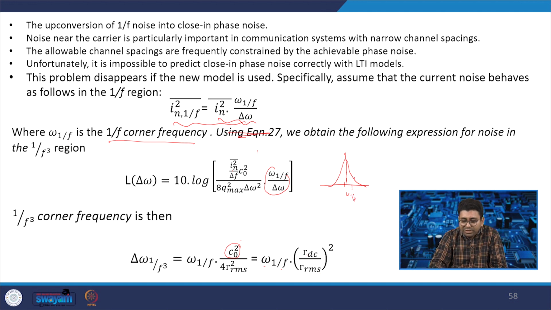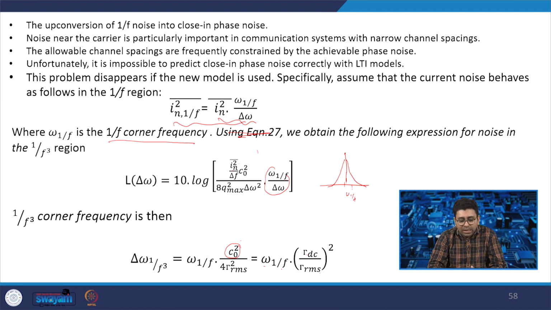Now, the corner frequency of the oscillator need not be the same as the 1 by f noise corner frequency of the circuit or the device.